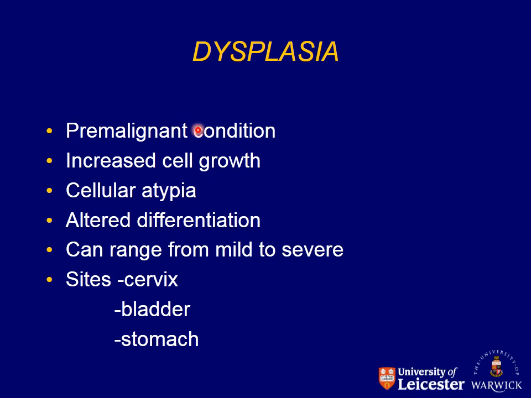So if this important feature is not seen, you will say that this is the dysplastic nature of the cell, but you will not label it as malignant until and unless you have seen the invasion or metastasis. This feature can range from mild to severe. You may find this dysplasia in the cervix, in the bladder, in the stomach.